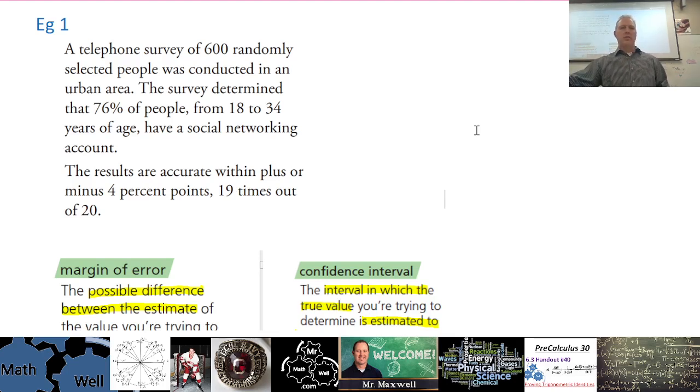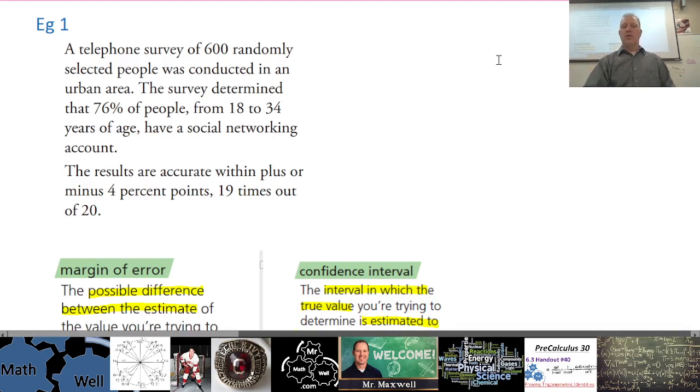So 76% is the number of people that they're stating has a social networking account. And they also are saying that the results are accurate within plus or minus 4%. So that's part of where the error comes in. There's a chance it could be a little bit higher, up to 4% higher, and there's a chance it could be up to 4% lower too.